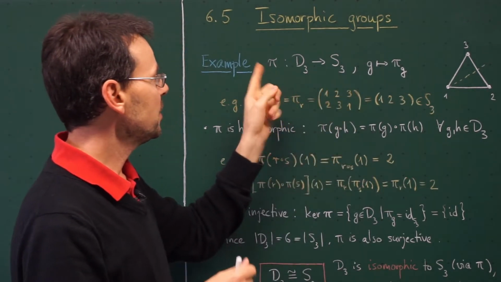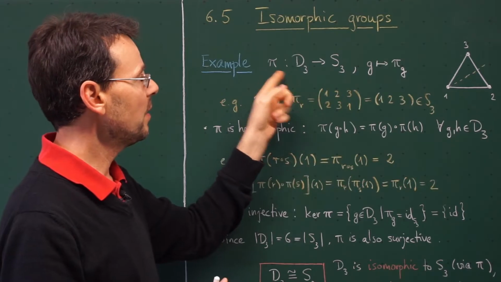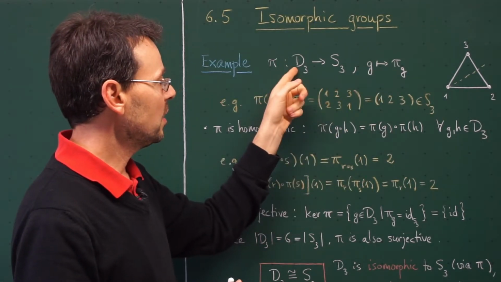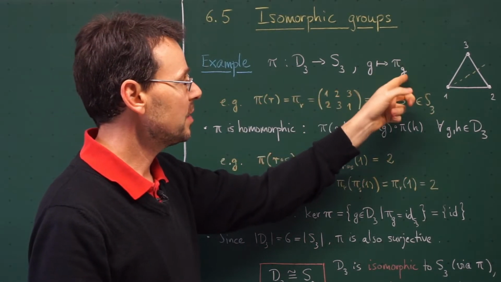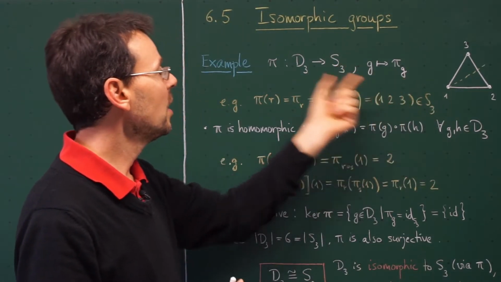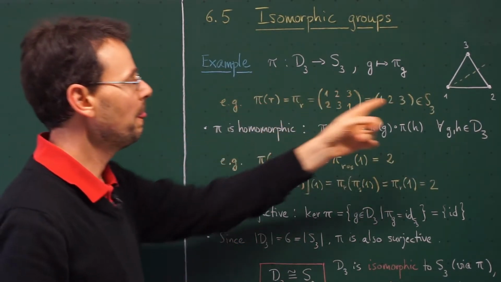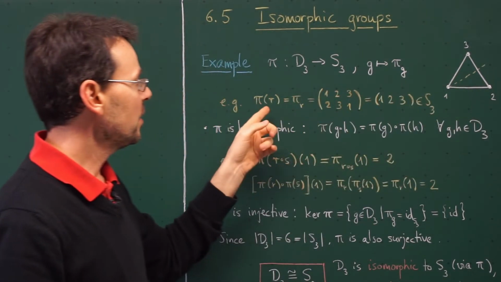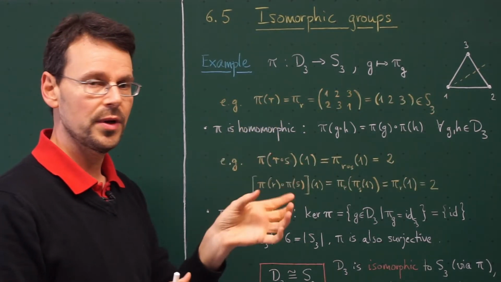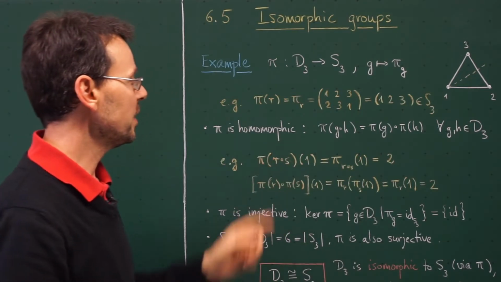The notation now is this map here from this group to this group is called pi, and an element of the dihedral group gets mapped to pi sub g, which means exactly the permutation that is induced by this symmetry. For example, this here is the triangle. R is our rotation by 120 degrees around the center here, counterclockwise.